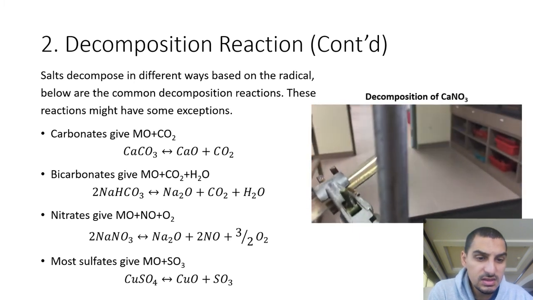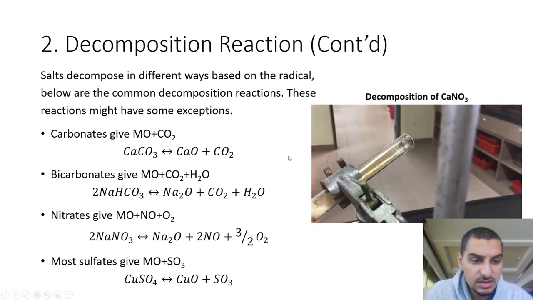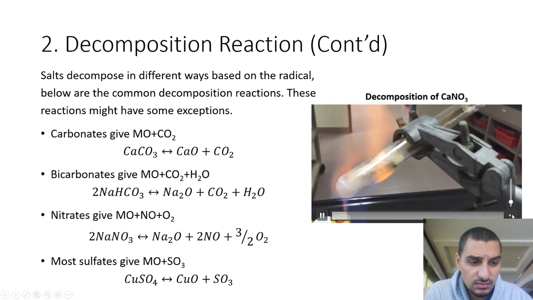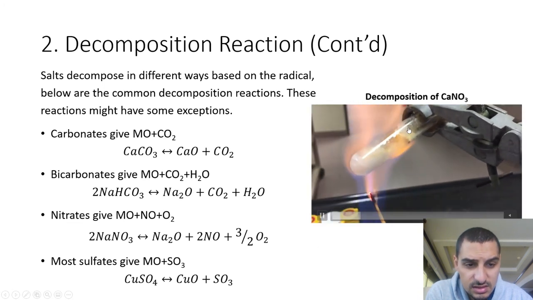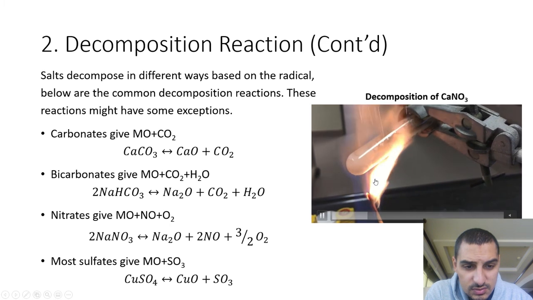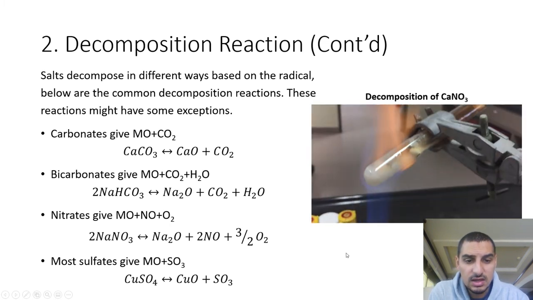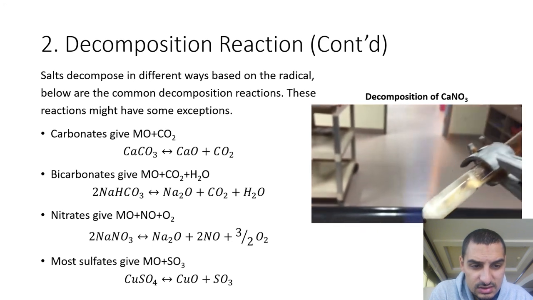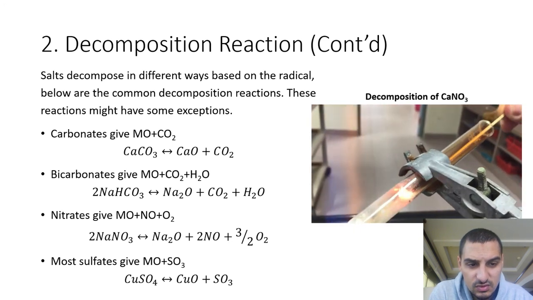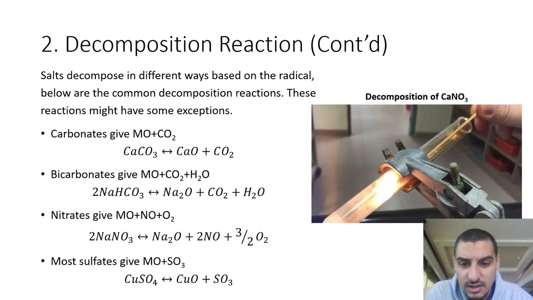This video is for the decomposition of calcium nitrate. It's a very nice video actually. He has here the salt, and he is exposing it to very high heat, and he has this wooden stick that is kind of like having some sort of flame in it.